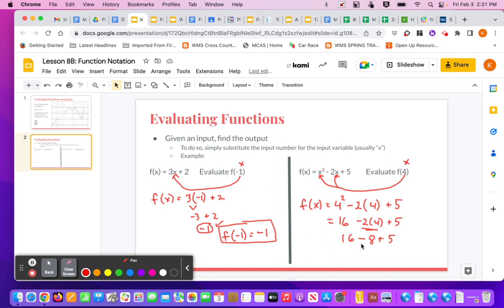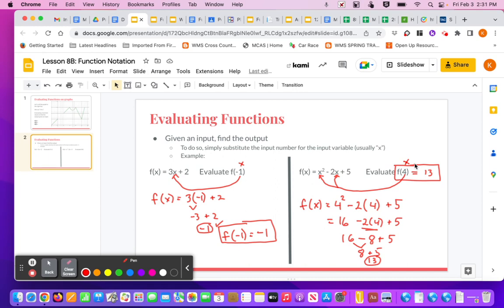When I have addition and subtraction next to each other, I do the one I see first. 16 minus 8 is 8, plus 5 is 13. So we can say the f of 4 is equal to 13. That is the output, and that is what we're looking for when we evaluate functions given an equation.